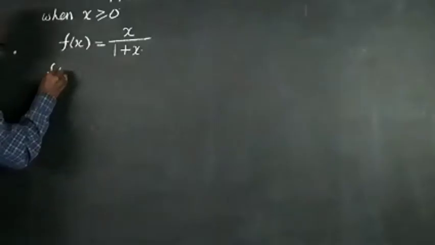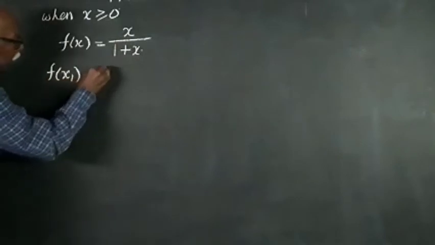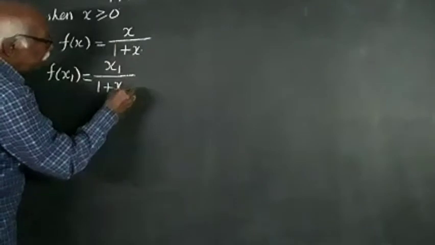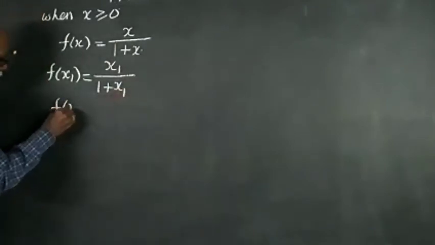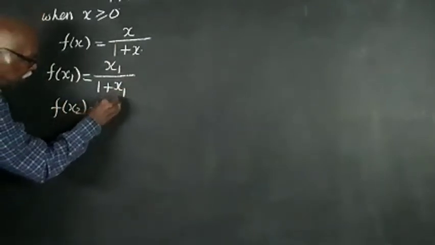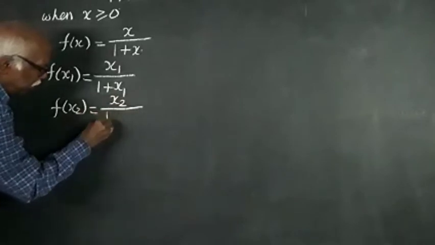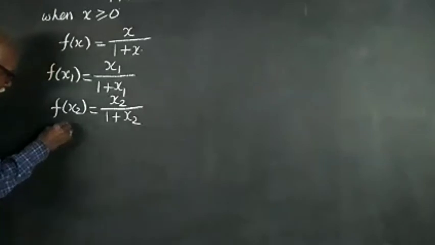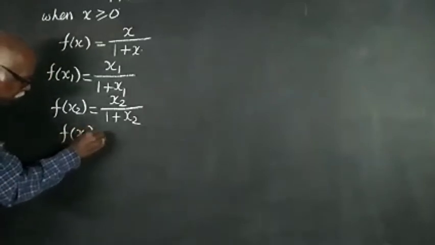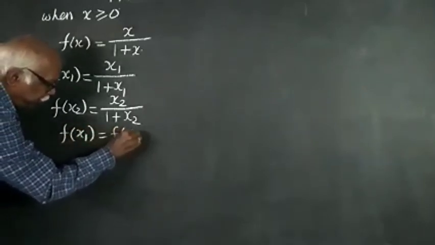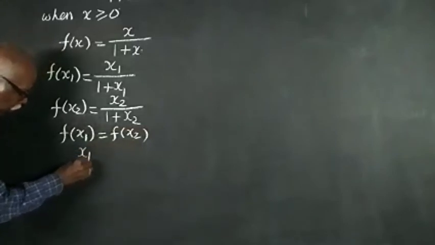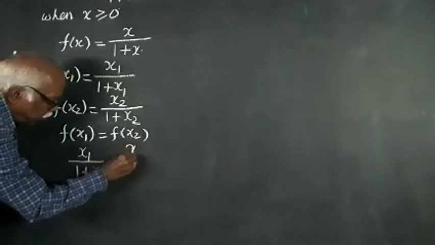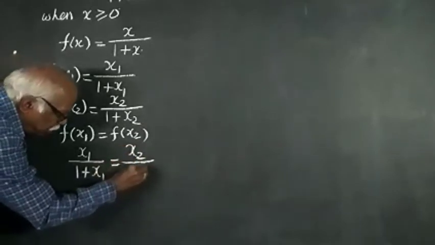f of x1 equal to x1 by 1 plus x1. f of x2 is equal to x2 by 1 plus x2. Assume f of x1 equal to f of x2. That is x1 by 1 plus x1 equal to x2 by 1 plus x2.